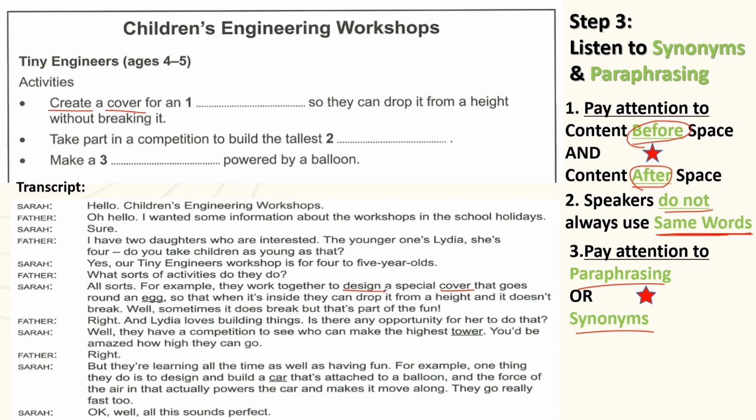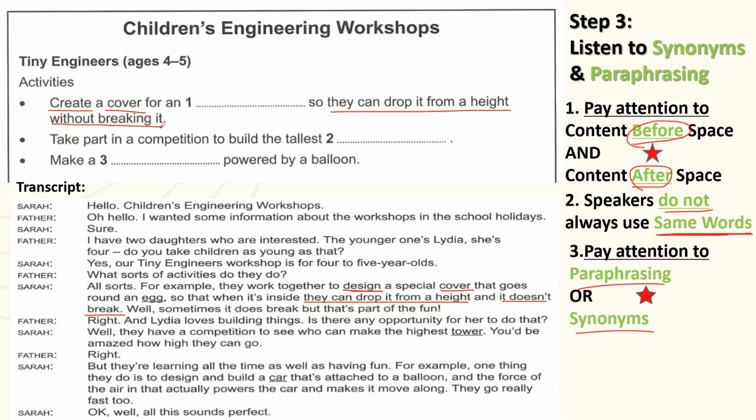Instead, we hear design. The latter part of the sentence, so that they can drop it from the height, is unchanged in the transcript, but the phrase, it doesn't break, in the recording is paraphrased too, without breaking it. This is a relatively simple paraphrase.